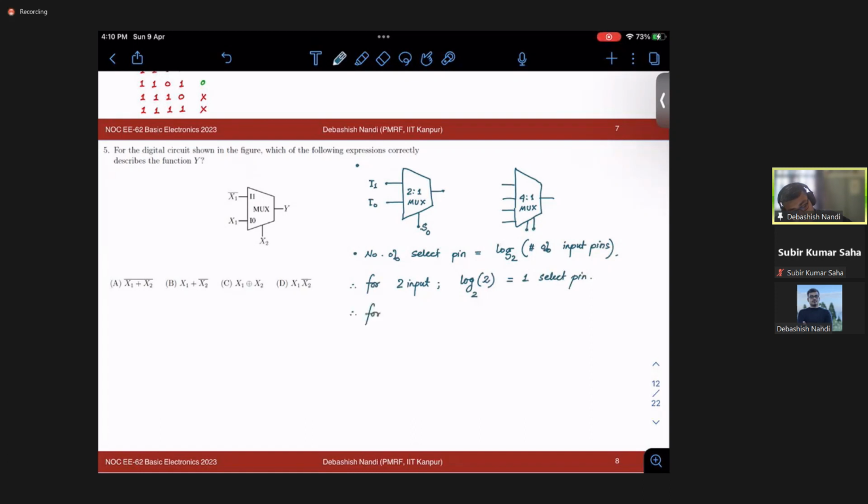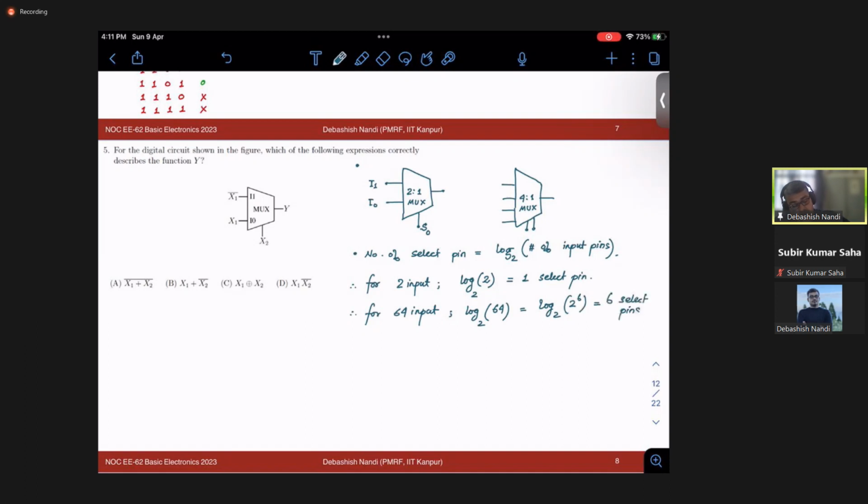Say for 64 inputs, we have log of 64 base 2, that is nothing but log of 2 to the power 6 base 2, or 6 select pins.